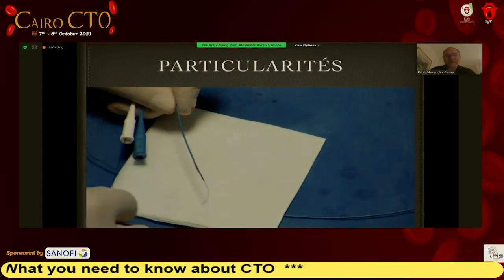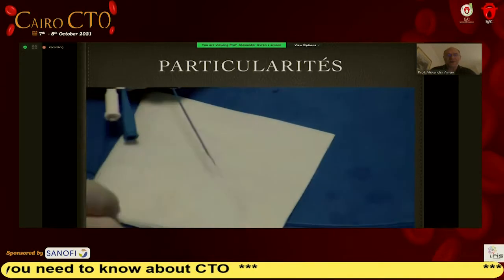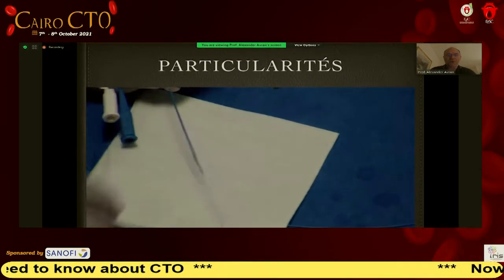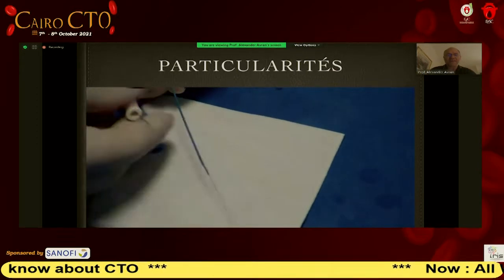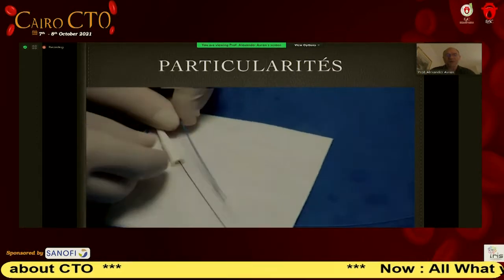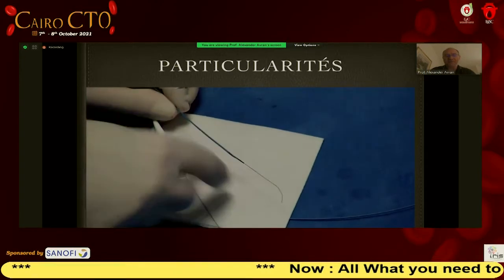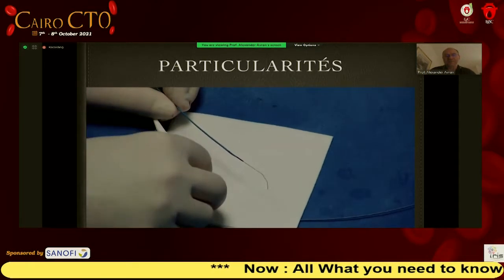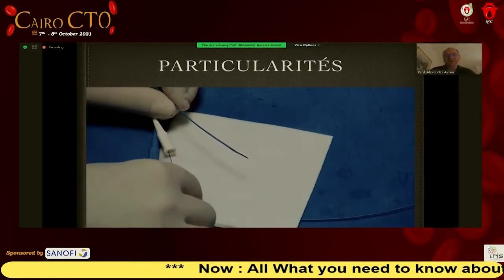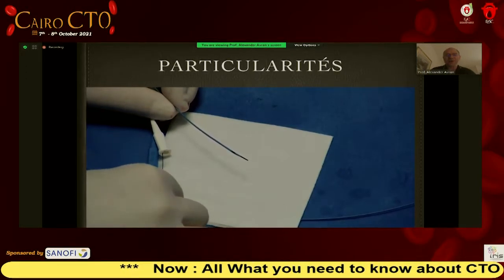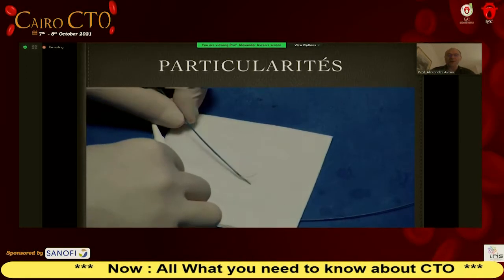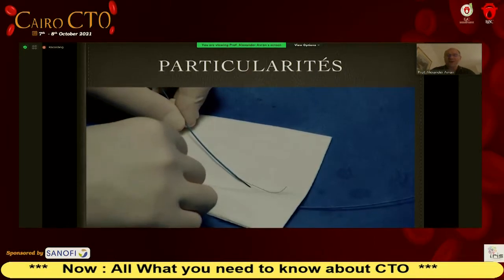So this is distal. If you want to go lateral, you just pull back a little bit your wire, turn it a little bit and push it, and then you are also in the lateral.